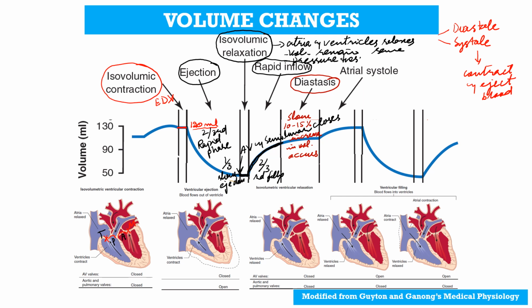After that, as you can see from this diagram, the atrial contraction occurs, and with atrial contraction 25 to 30% of blood enters into the left ventricle and also into the right ventricle.